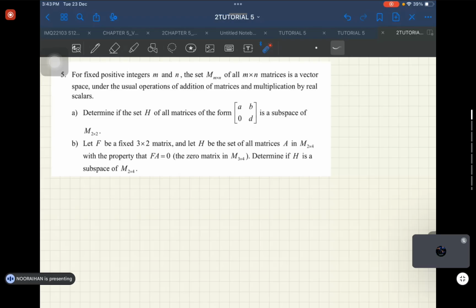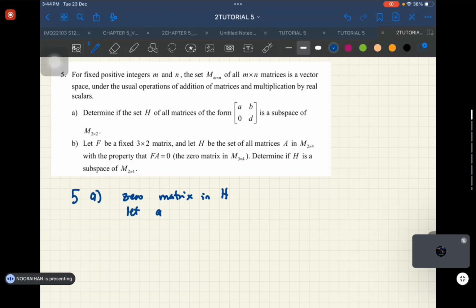Check the zero matrix for this matrix H. Zero matrix in H. Okay.